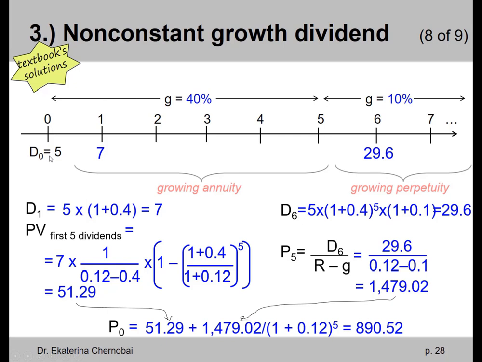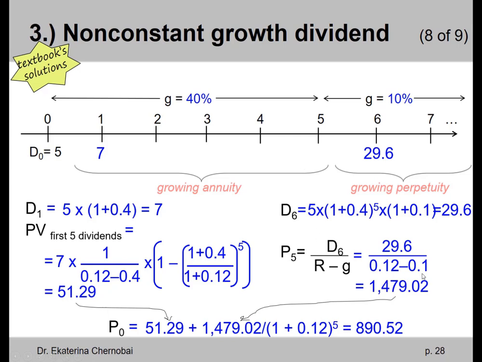And then what the book does, it says, okay, we have calculated two partial prices. The price you'd pay to get the first 5 dividends is $51.29, right? And then all remaining dividends are worth $1,479.02 5 years from today.